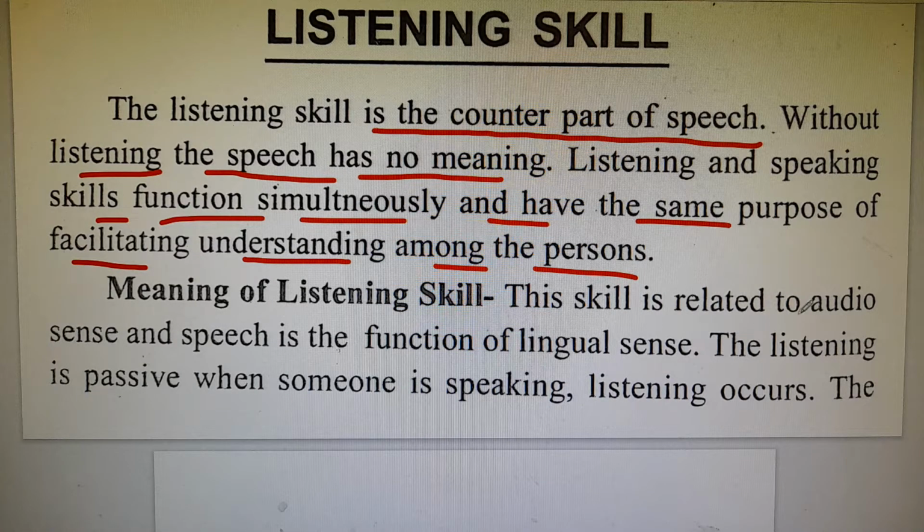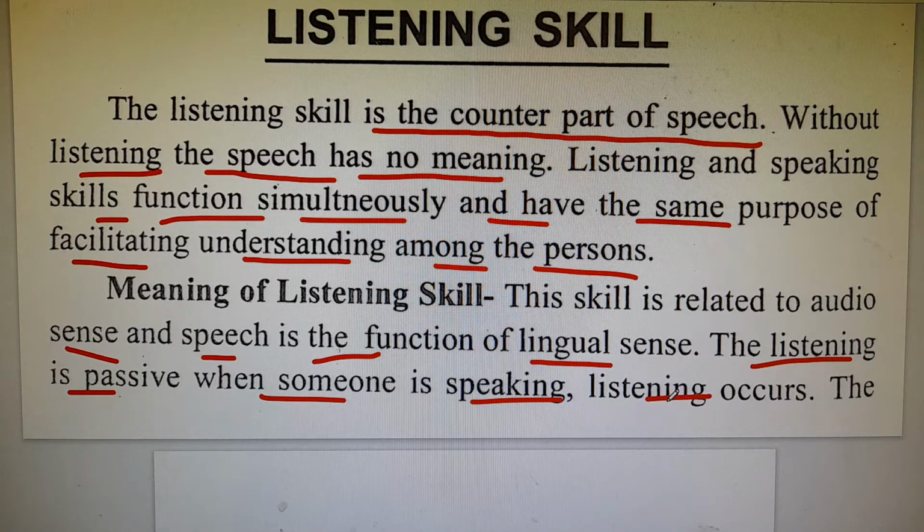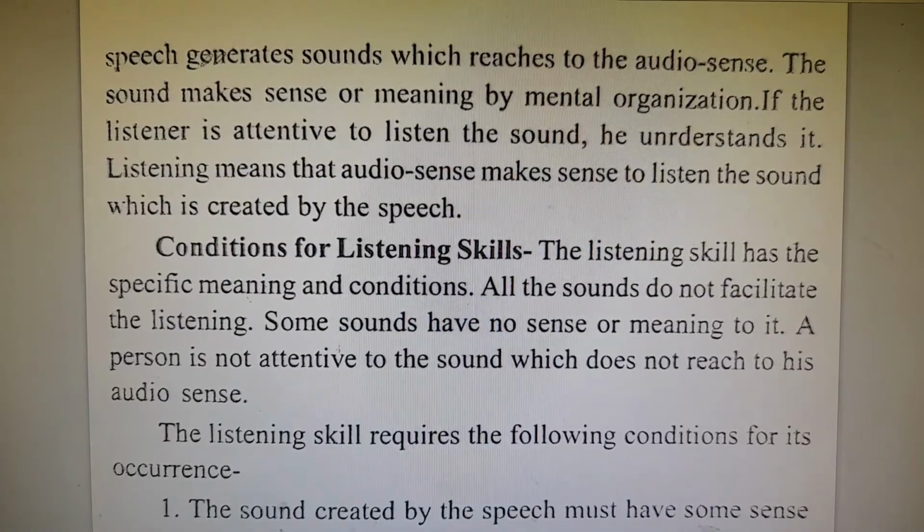This skill is related to audio sense and speech is the function of lingual sense. The listening is passive when someone is speaking. Listening occurs. Speech generates sounds which reach the audio sense.